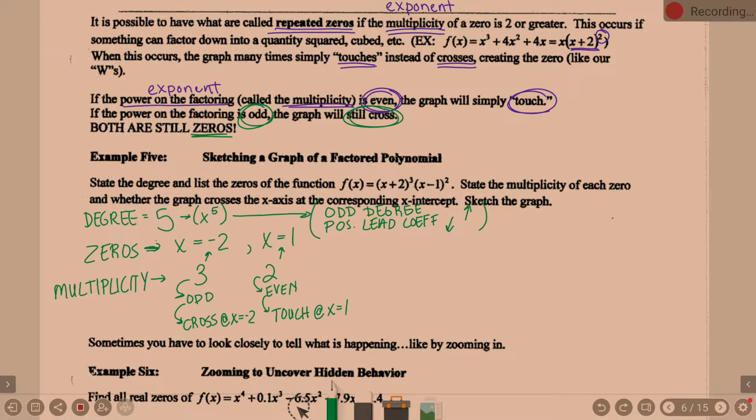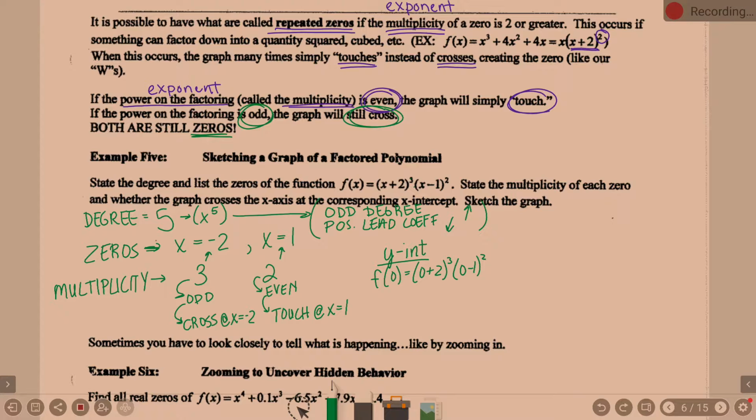Not that we'd have to know it to graph it, but there's one other thing I have written in my notes. How can you find a y-intercept? How can you always find a y-intercept? Y-intercepts happen when x equals 0. So, if we find f of 0, 0 plus 2 raised to the 3rd, and 0 minus 1 raised to the 2nd.